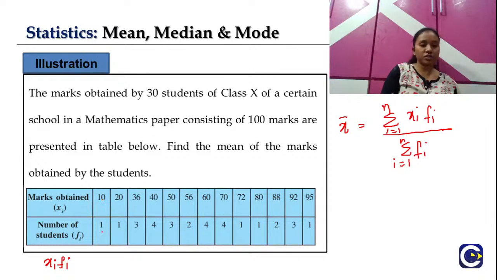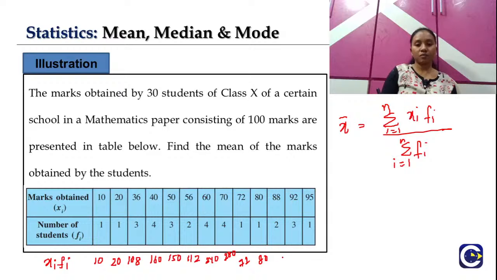Sigma xi fi: 10 into 1, 10; 20 into 1, which is 20; 36 into 3, 108; 40 into 4, 160; 50 into 3, 150; 56 into 2, 112; 60 into 4, 240; 70 into 4, 280; 1 into 72, 72; 80 into 1, 80; 88 into 2, 176; 92 into 3, 276; and then 95 into 1.